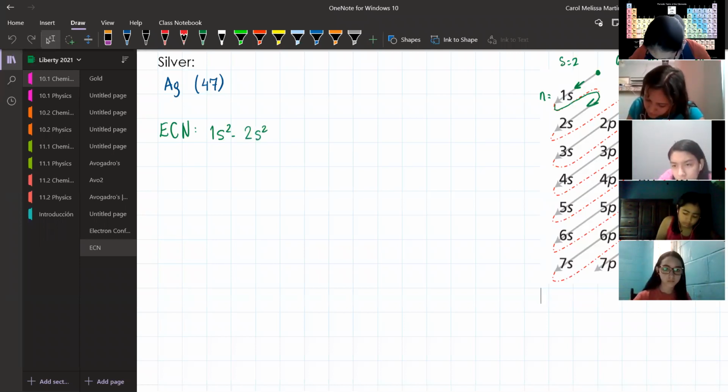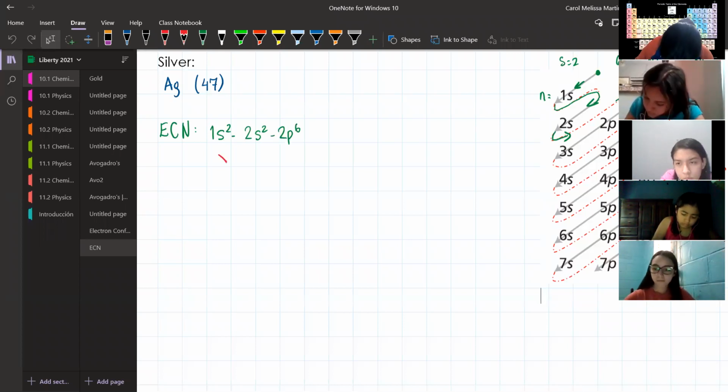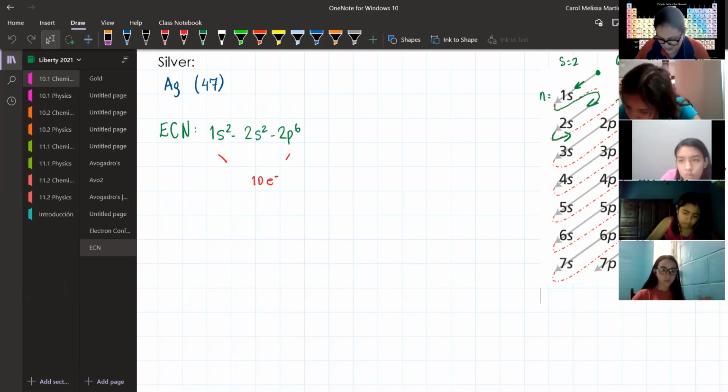I follow the dotted line, and I continue with 2p. Remember that P is 6. Right now, I know that I have 10 electrons. So I continue.